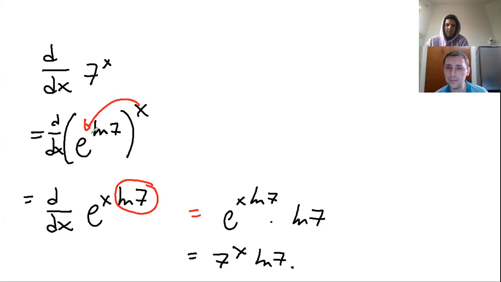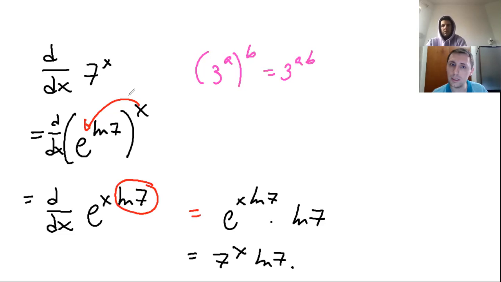And that's very similar to something like 3 to the power of a to the power of b. I'm just using 3 arbitrarily. And that's 3 to the ab. So that's what I do here with the x. I move it in. Good?